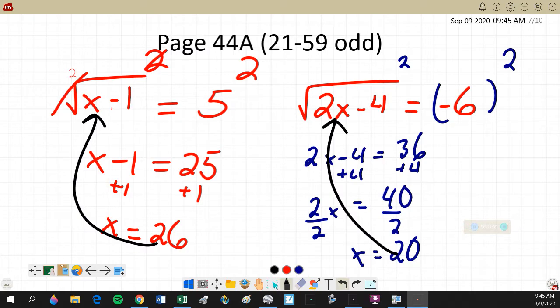Did we forget an i? No. Do we need plus or minus? No. So what were you saying, Katie? So the problem we ran into was this. The square root of 36 is not equal to negative 6.